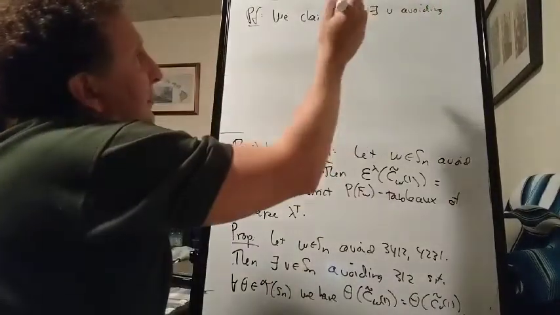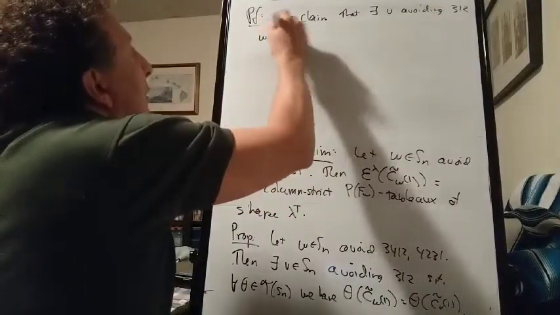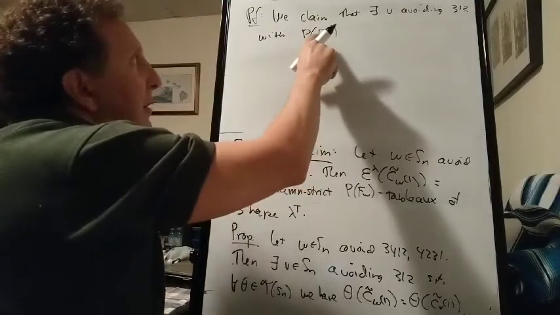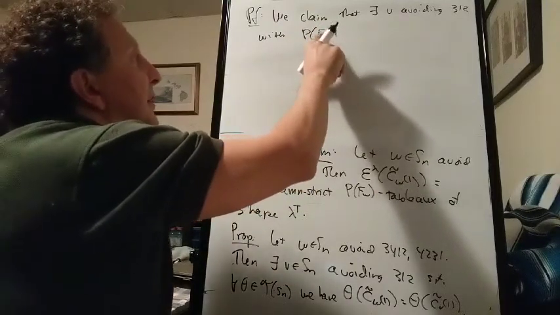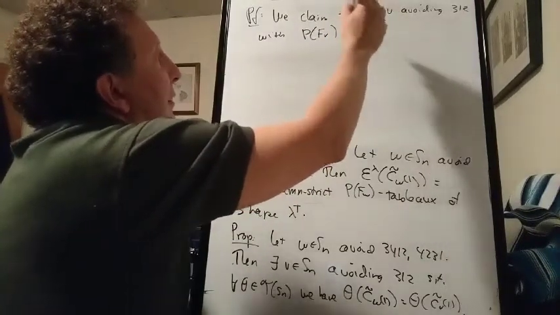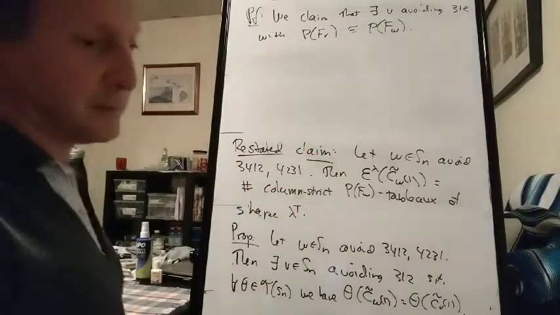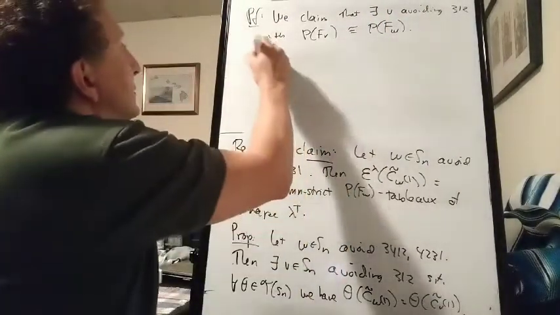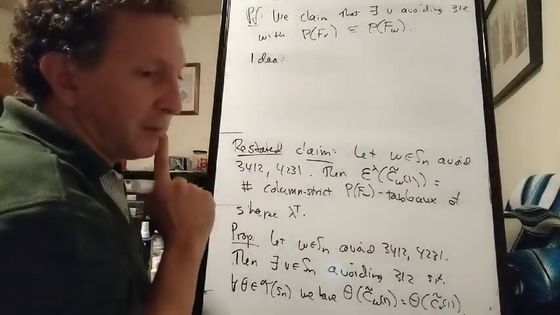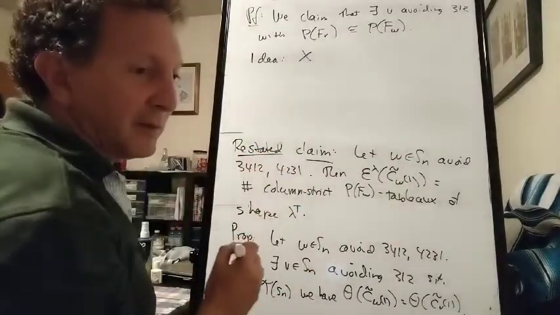So we claim that there exists V avoiding 3, 1, 2 with the path poset of the descending star network corresponding to V isomorphic to the path poset of the zigzag network representing W. Now this would be a little tedious to write out in full detail, but I think the idea that I'm going to give you is pretty convincing.